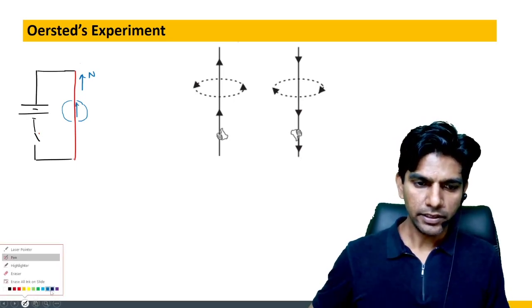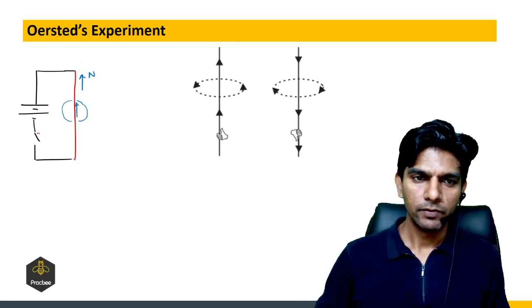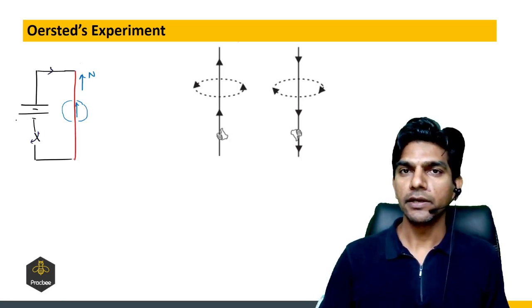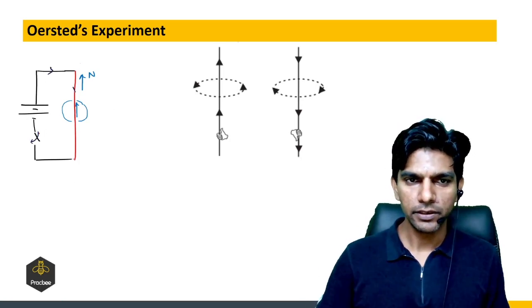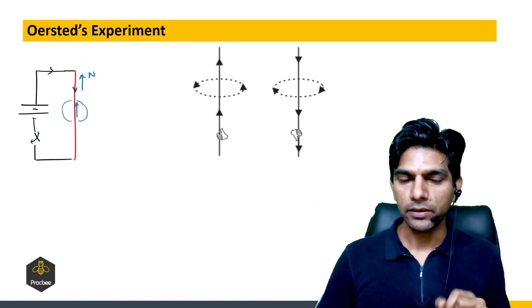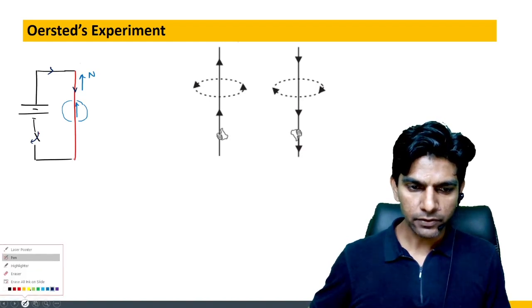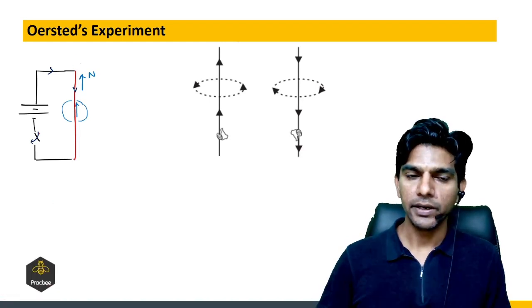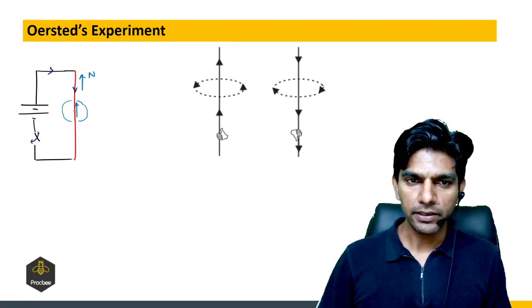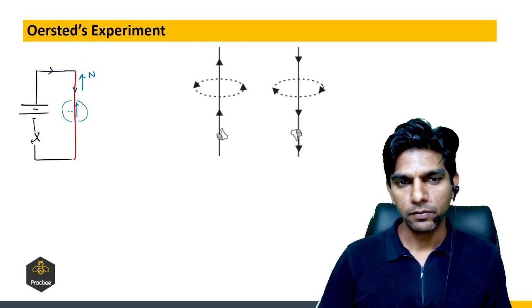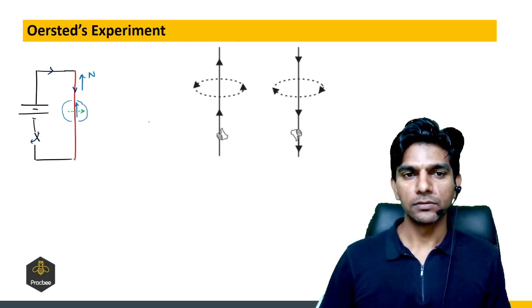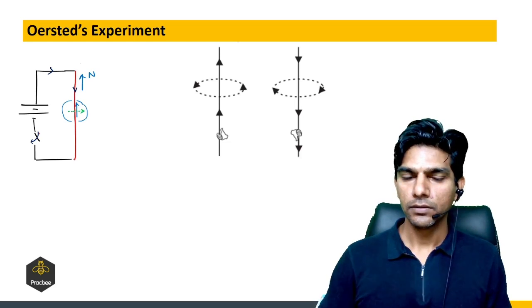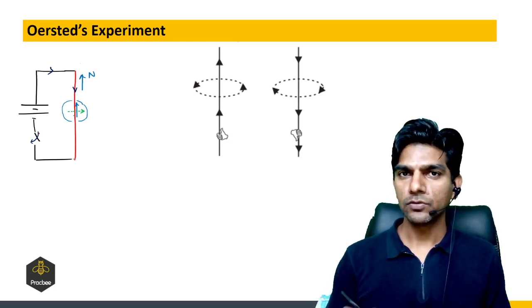Now when we set up current, when we close the switch, then there will be a current in the clockwise direction. So the current in this wire is in the downward direction. Now due to this current, there will be a magnetic field produced by this wire, and this magnetic needle will start pointing in the right direction, so there is a deflection.